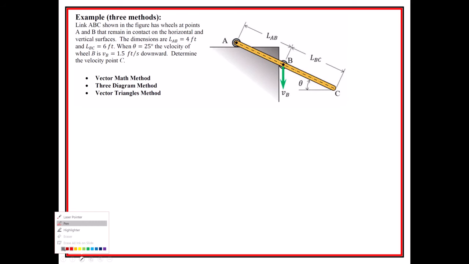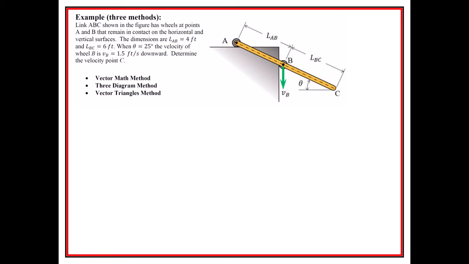We have a similar issue as when we're doing vector math: we don't necessarily know when we're starting out how we're going to find that velocity of C. We have to look for evidence in the things that we do know to try to get to that final destination.